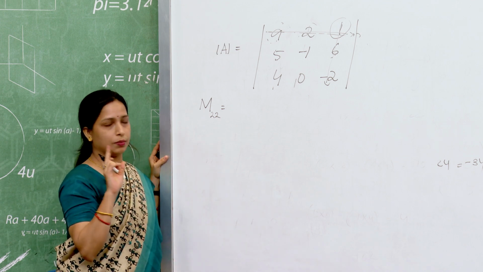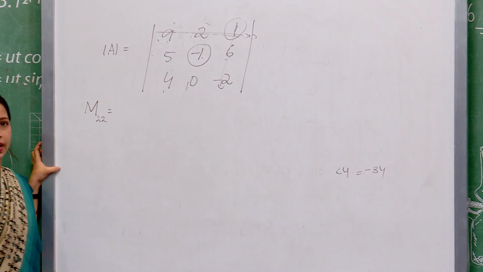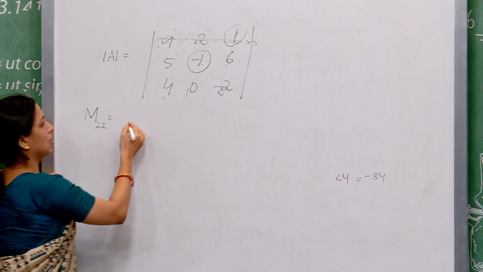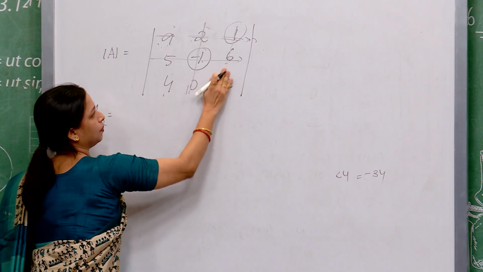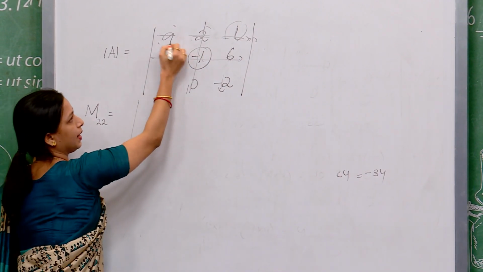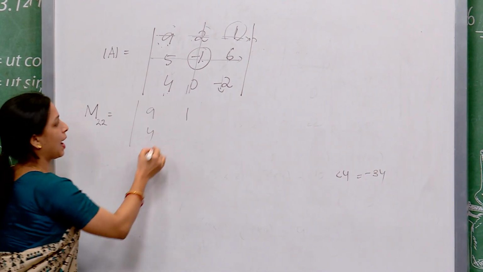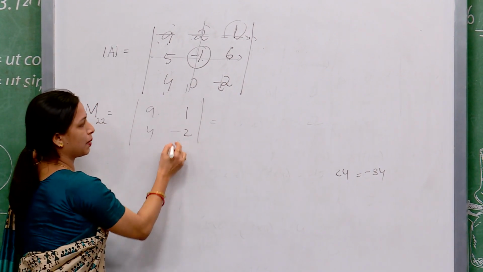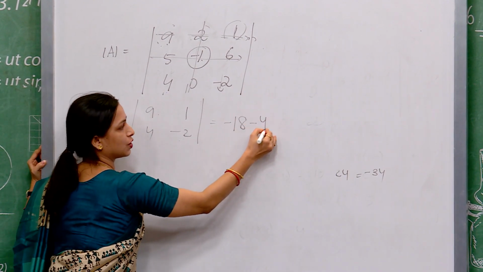A22 means row 2 column 2, that means here, -1. So, you have to find the minor of A22, that is M22. Now, I delete the row and the column in which -1 exists, right. So, what is remaining? 9, 1, 4 and -2, right. Again I cross multiply. So, 9 into -2 is -18, minus 1 into 4, which is -4. What is the answer?